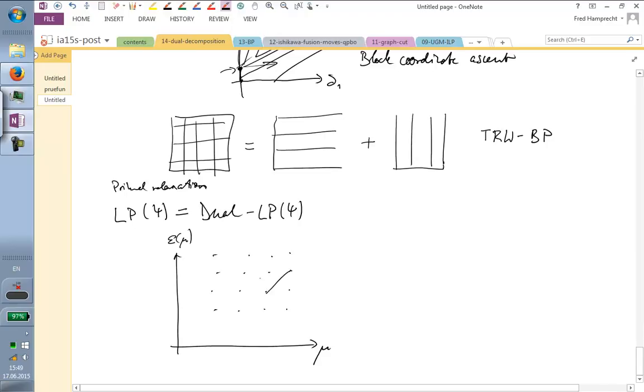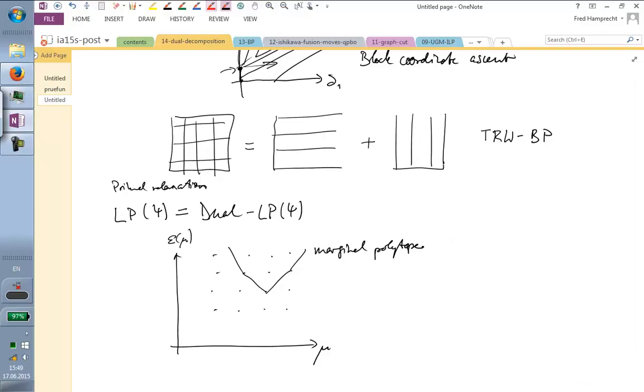So maybe the marginal polytope will perhaps look like this. Then we have a relaxation of this, the local polytope.